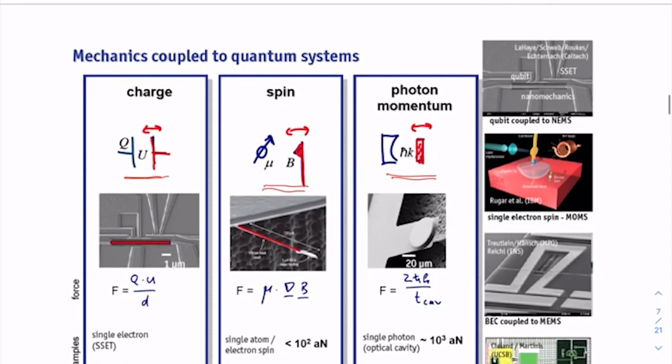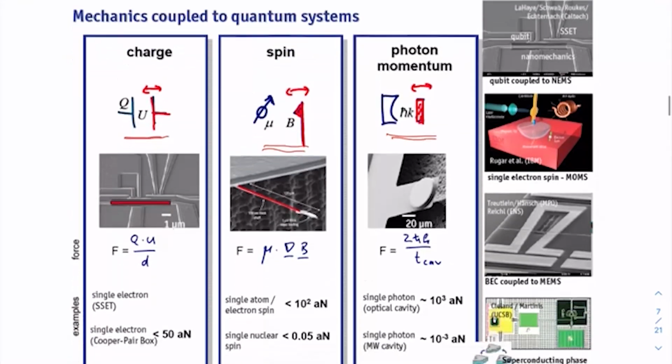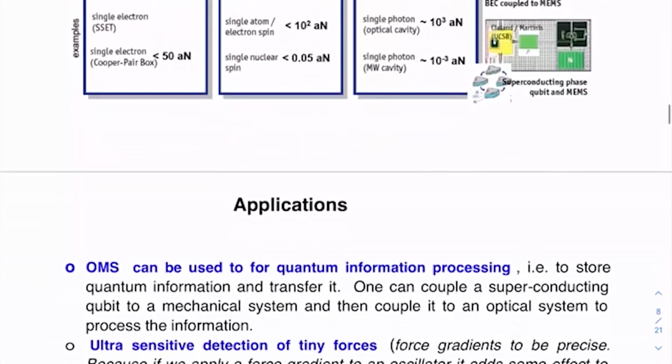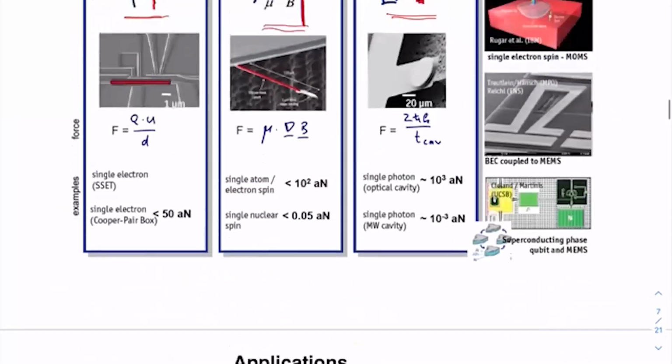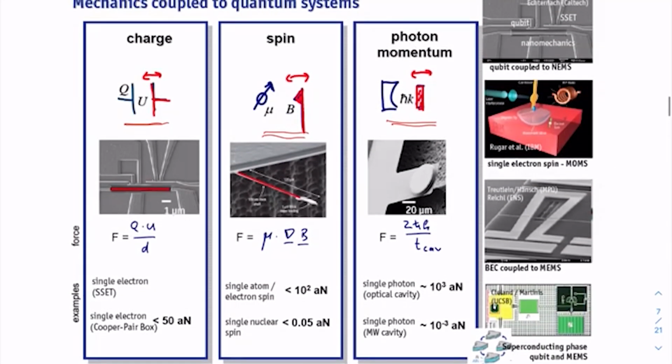One main advantage of these mechanical systems is that they can be coupled to various quantum systems, and they can act as a transducer, as I explained in the last class. And this is actually very useful, as we'll see later on.